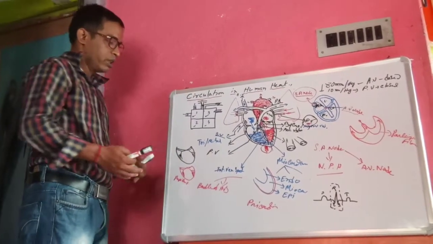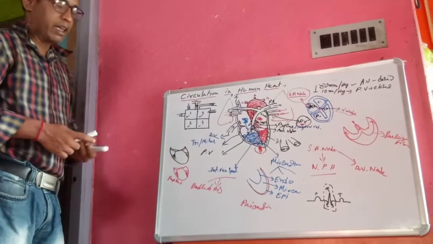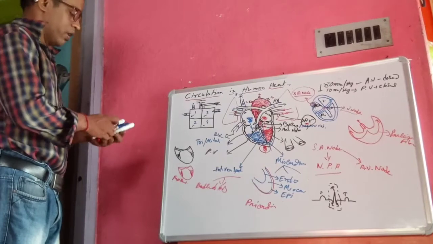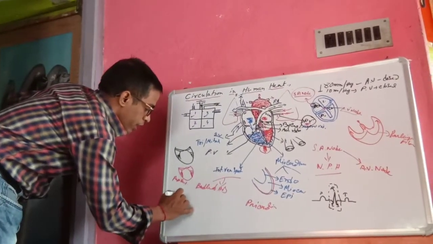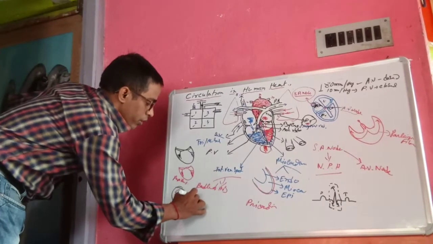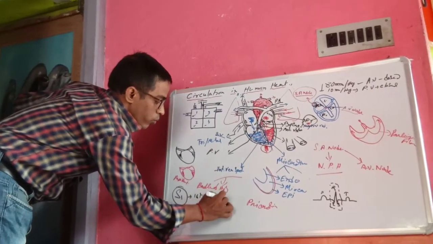Now, when the bicuspid and tricuspid valves close, a sound is produced called S1. This is called the first heart sound.